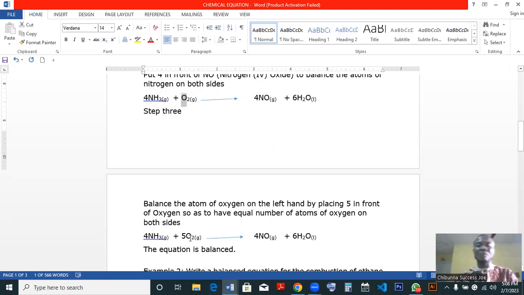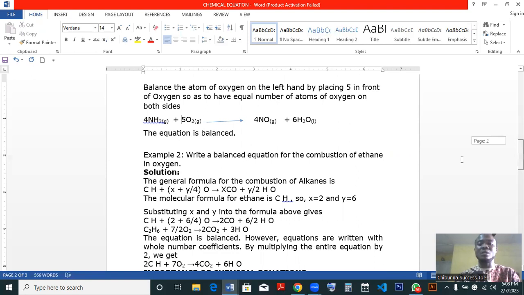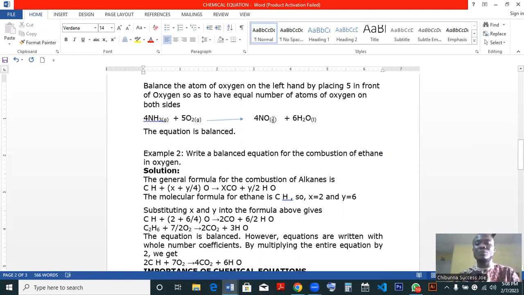That is why we place this 5, so that we have an equal number of oxygen atoms. 4 plus 6 is 10, and 5 times 2 is 10. That gives us a total of 10 atoms of oxygen.